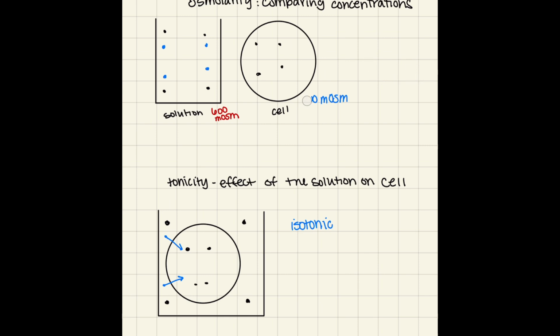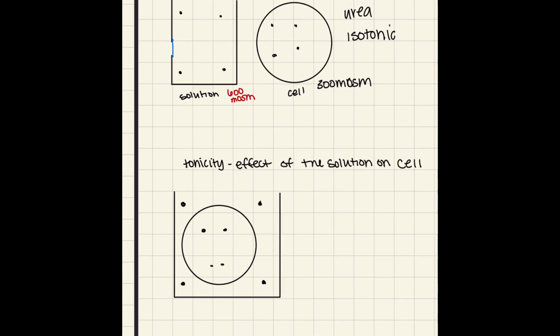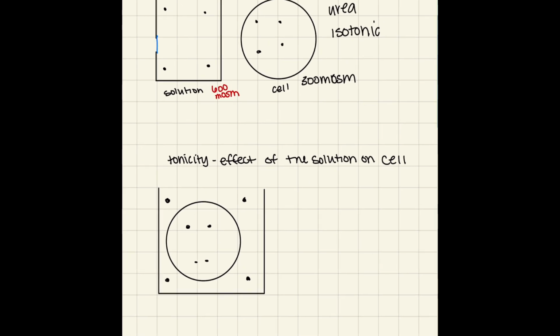Another way that a solution could affect a cell is if we had a urea solution. You can have a urea solution that's 300 milliosmolar, and that would be isoosmotic. But urea is also a penetrating particle.